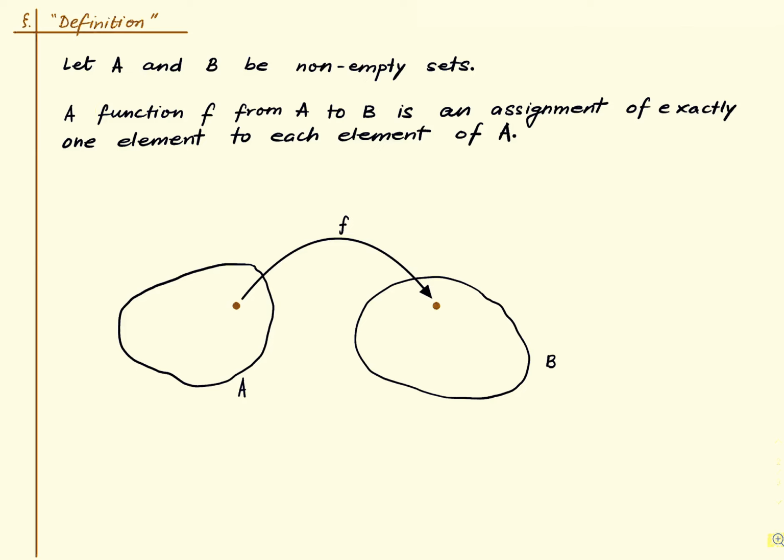So an example, what you can think of it as, let's say you think of A as some surface. Let's say this is the surface of some table. And the set B is, let's say, the set of real numbers. So the picture would be more like this is some surface A. And B in that case would be real numbers. And what you may want to do is, to every point on this table, on the surface, you would want to assign the temperature, let's say.